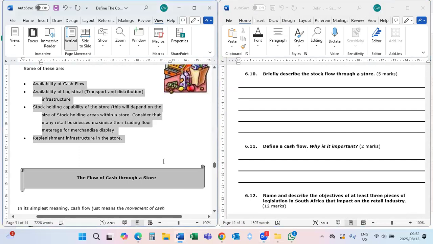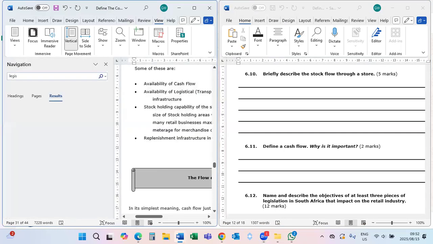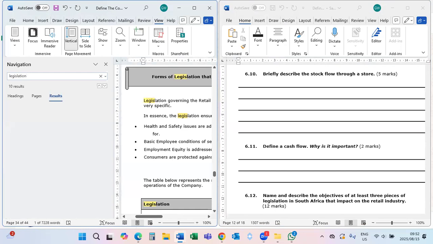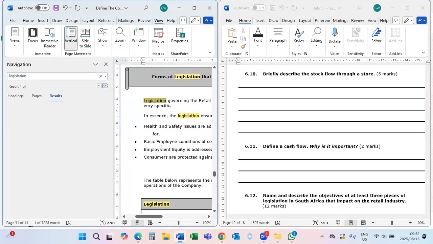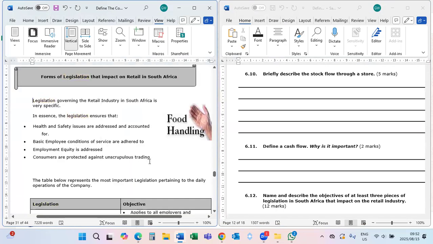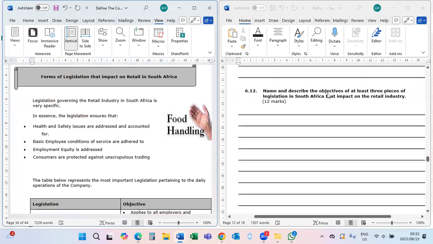Okay, and have a look at this legislation section here. Okay, forms of legislation. Here it is here. There it is there. Okay, so briefly describe. So this one is asking us, name and describe the objectives.